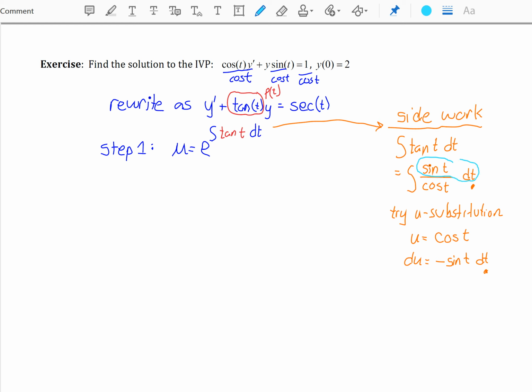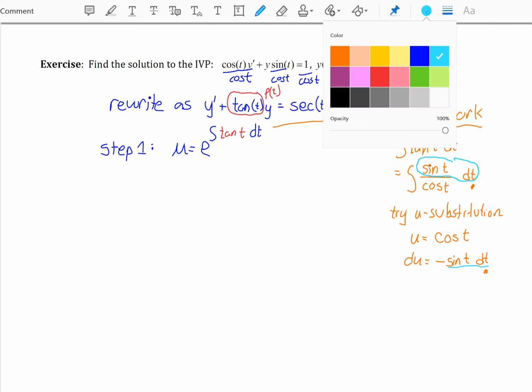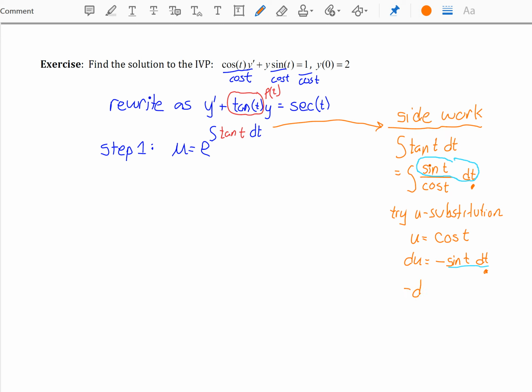Here I have sine of t dt, which we have, but without the negative. So if I were to solve for the sine of t dt by bringing the negative to the other side, we can say that negative du is really the sine of t dt, which matches a portion of our original integrand.